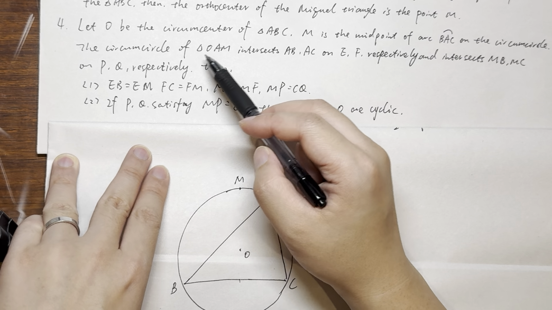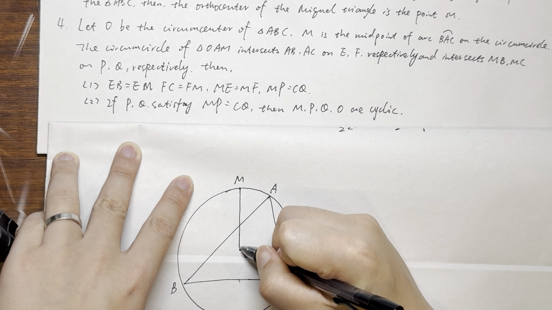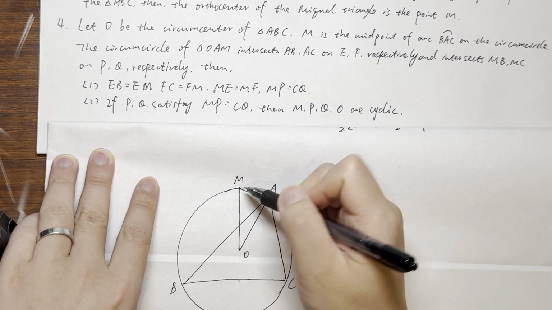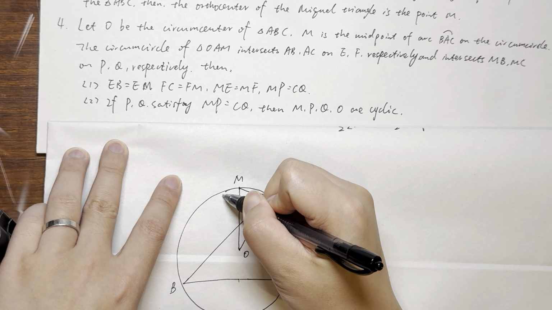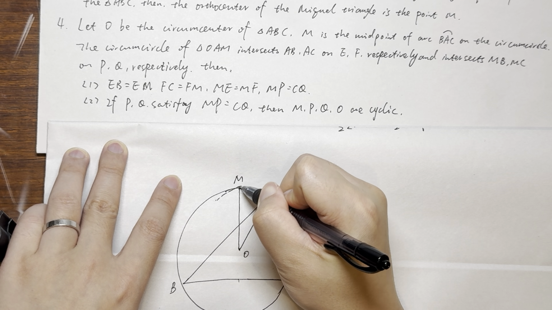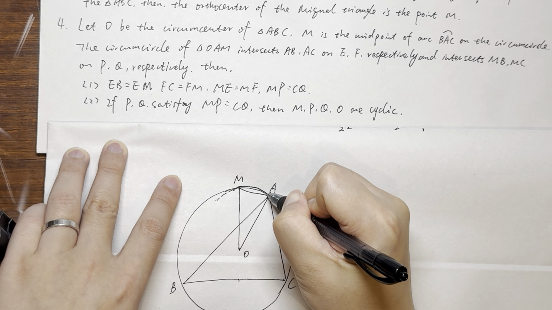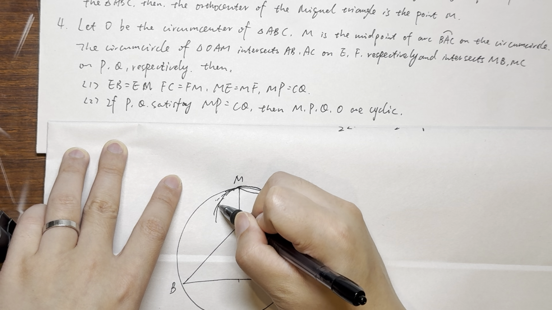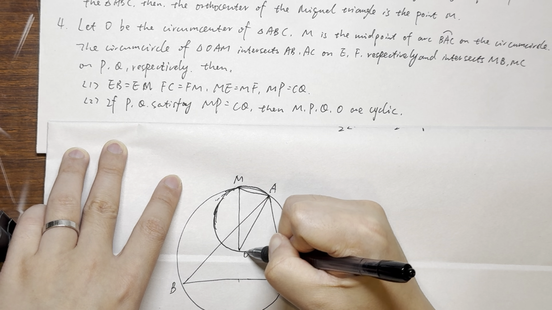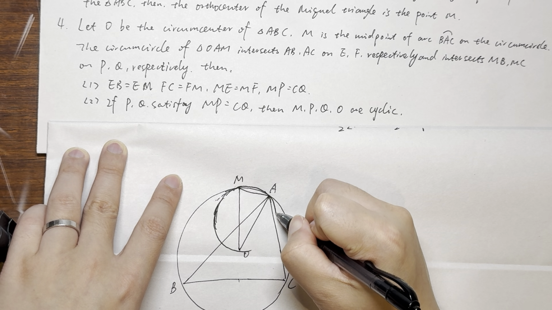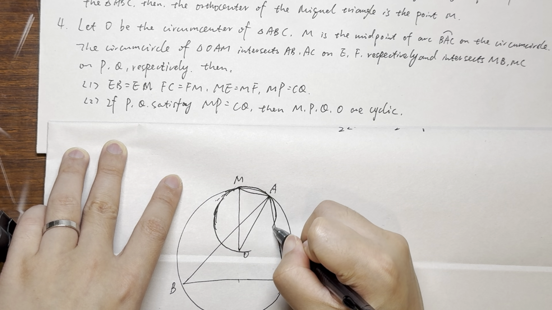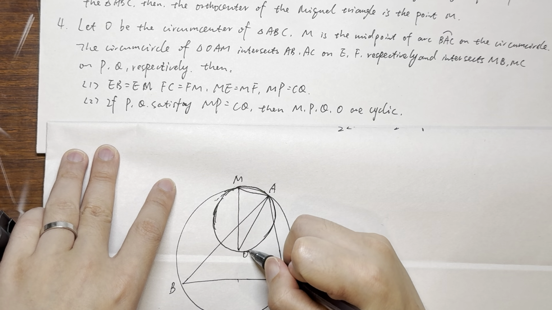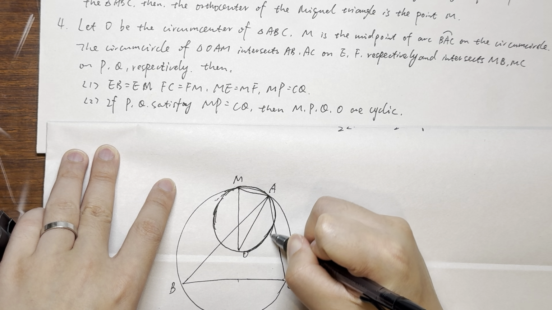The circumcircle of triangle OAM looks like this, right? That's the circumcircle of triangle OAM.